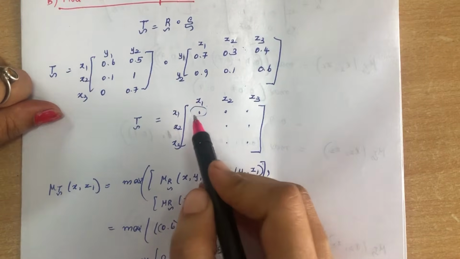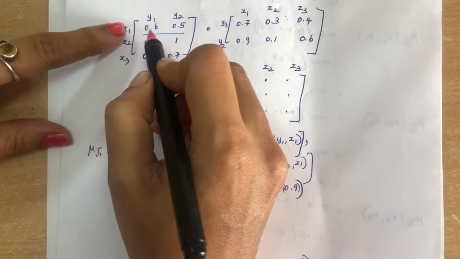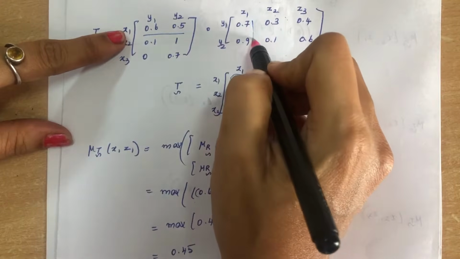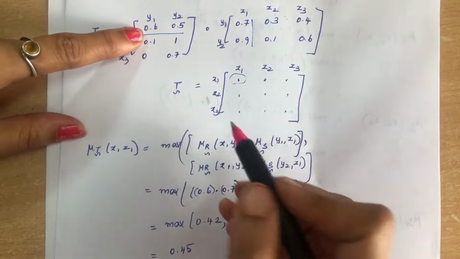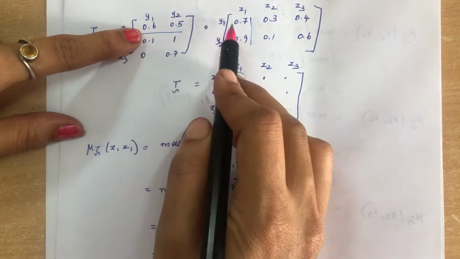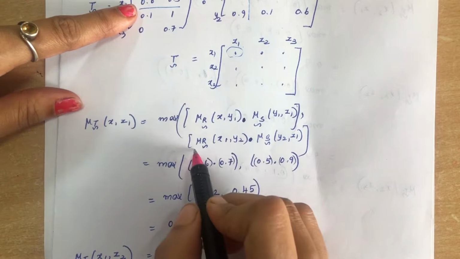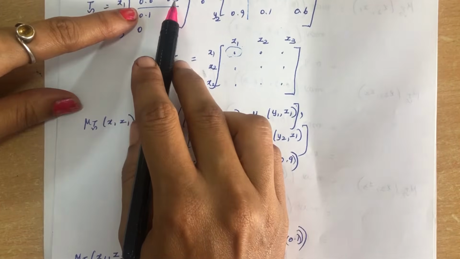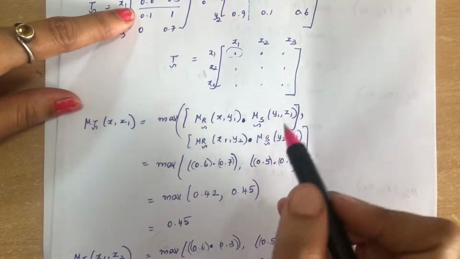First we will find out x1 comma z1. It is nothing but the composition between the first row and the first column. It is max of membership value of x1 comma y1 dot membership value of y1 comma z1, and membership value of x1 comma y2 dot membership value of y2 comma z1.